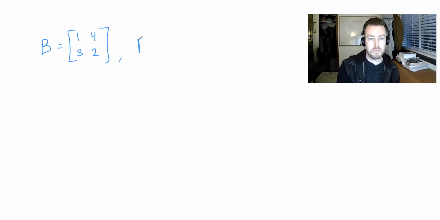Quick example, okay? So let's just say that we have an A matrix here. Let's actually make it different. Let's do B. I have a B matrix, and my B matrix is, let's just do 1, 4, 3, and 2. Okay. Now we want to find what is B inverse equal to, right?